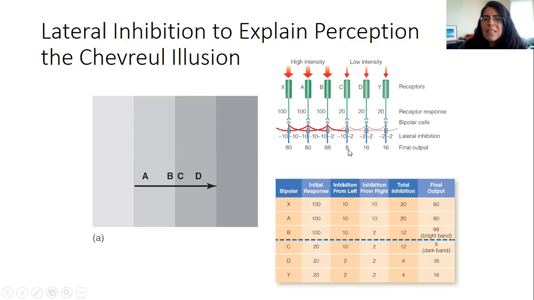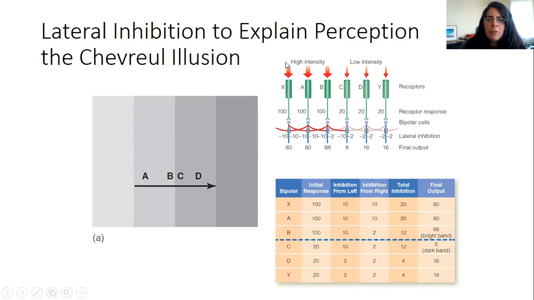So cell C's net response is much lower than cell B's and also lower than cell D's. So that accounts for that dark border that's running down here, okay? Now you can see here for cell D, that's receiving -2 from both of its neighbors, so it's at 16, and so is its neighbor Y, okay?